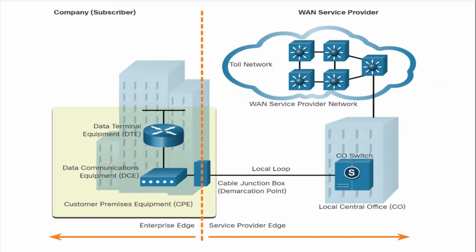If you notice the demarcation point, there is a box here, the cable junction box, connecting the local loop. This is the wire connected directly to the central office switch, which is connected to the WAN service provider network, called the toll network, composed of different routers on the different connections.